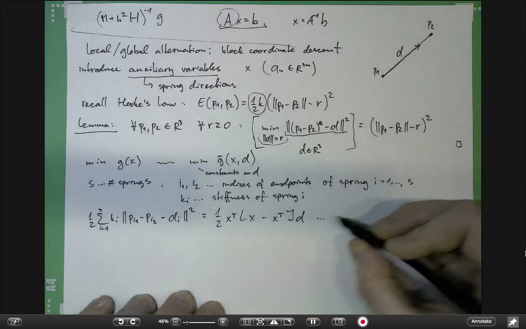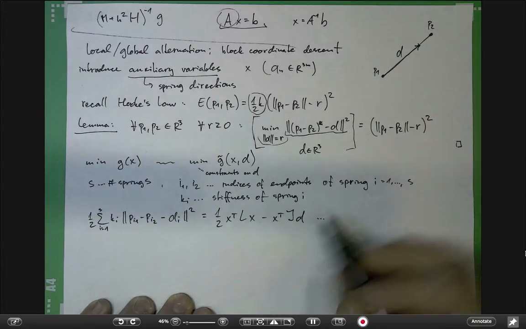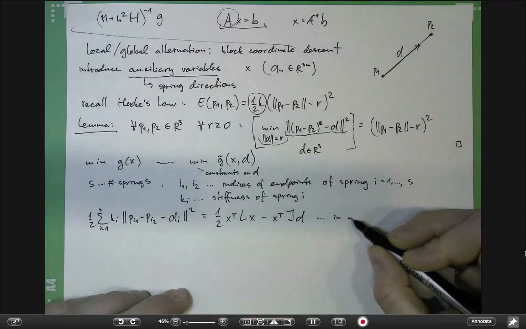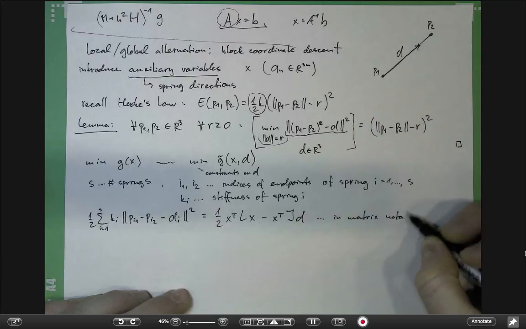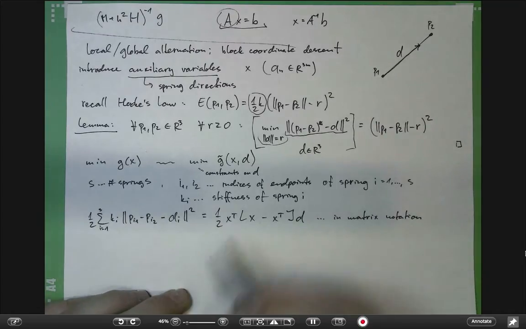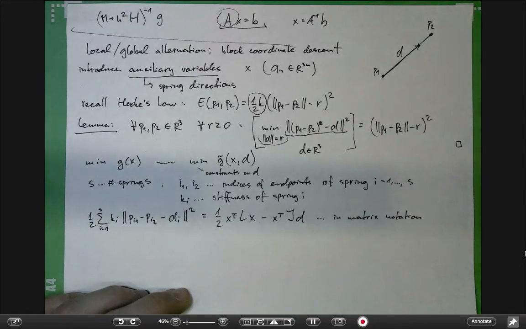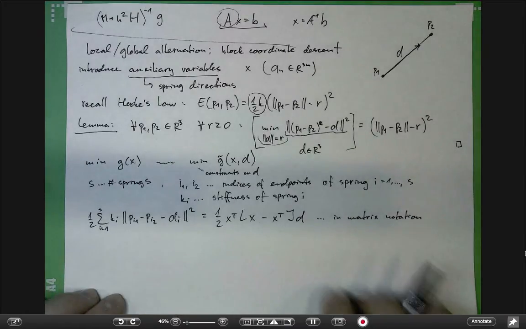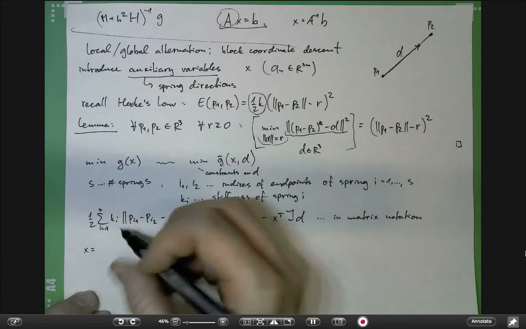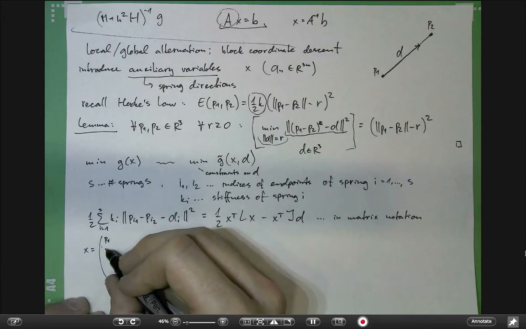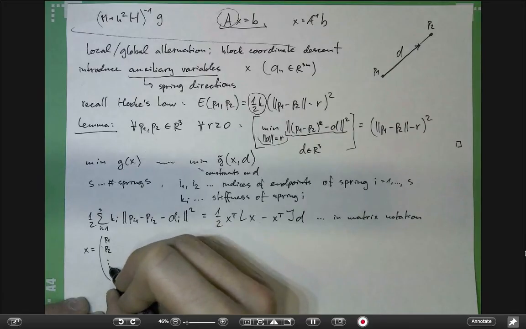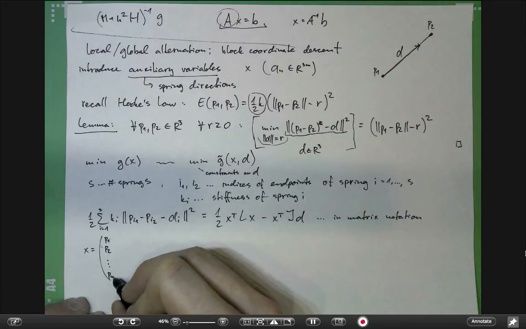So this is just the same formula, just rewritten in matrix notation. If you like using MATLAB, that's what you are doing in MATLAB all the time. So what is X here? X is a vector which stacks all the p's, all the particle positions, P1, P2, to Pm.